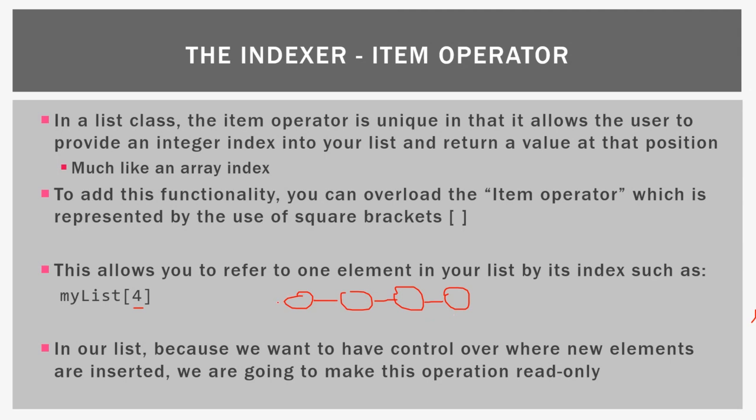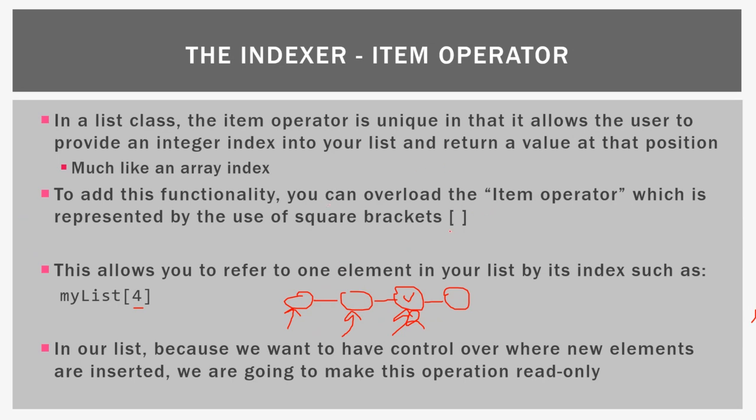But if we're trying to create something that treats this numerically, and I say I want to access my list at position 2, that's this one right here, then all we would need to do behind the scenes is start at the first one and count. We're going to move up 1, 2, and then you would return that element. So we do that behind the scenes inside the item operator.